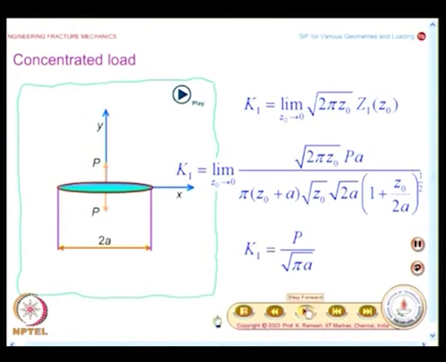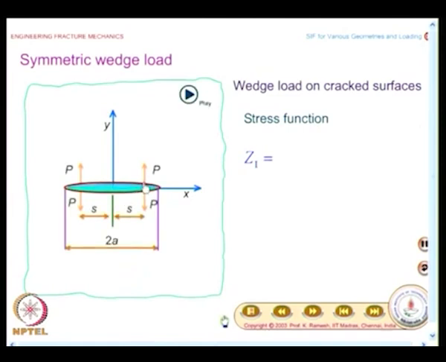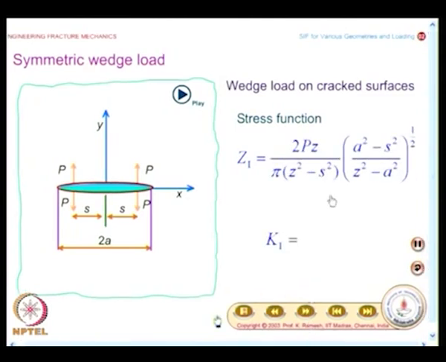And in the last class we had also taken up another case where I have symmetrically loaded crack faces. You have two forces at distances plus s and minus s from the center of the crack, and we got the stress function in this fashion. And as far as the stress function goes, somebody gives you the stress function, and these stress functions are defined with the crack center as the origin.